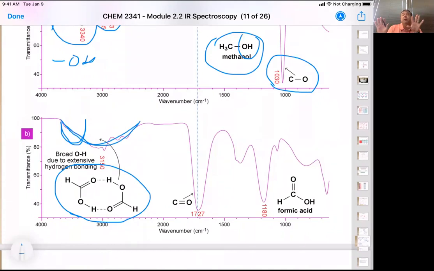Anytime you see that big broad peak that overlaps that 3,000 mark, you're looking for a carboxylic acid. Because of this overlap, you can barely see our peaks at 2700 and 2800. They're very difficult to see because of that broad peak, so it would be hard to say for sure you had an aldehyde there.